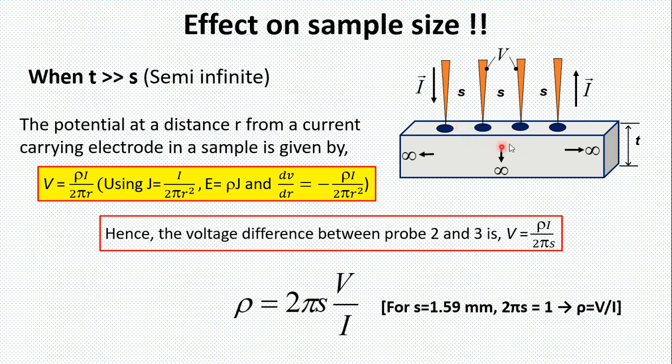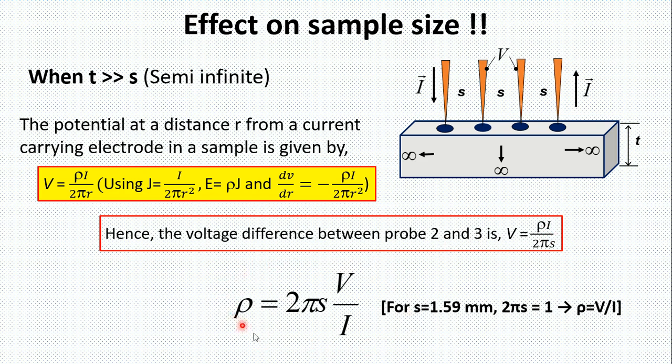Then you subtract, so you get the voltage difference between the second probe and the third probe. If you calculate, you will get this formula: V equal to rho I divided by 2 pi s. Here s is the spacing between two probes, I is the current, and rho is the resistivity of the sample.